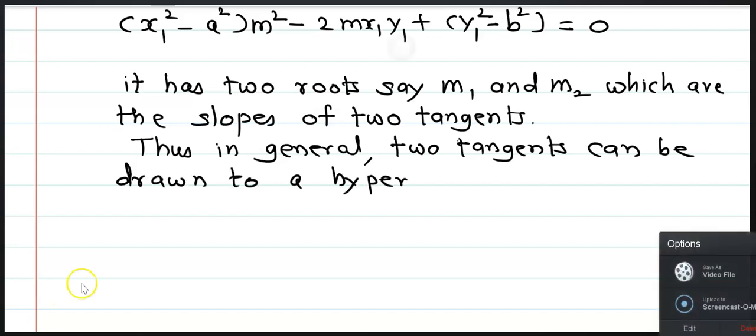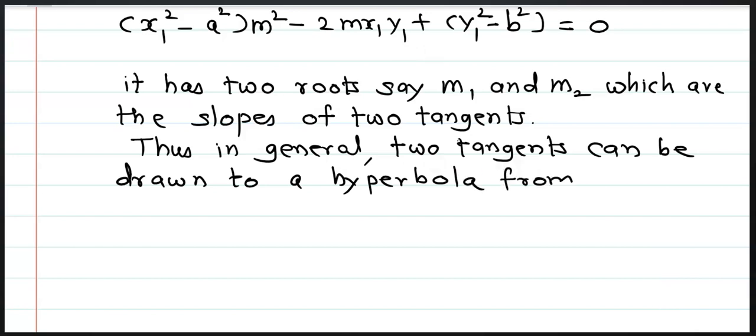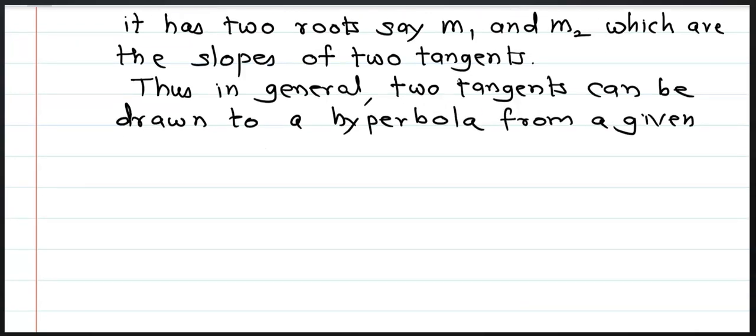That is, there are two values of m. Means what? The two tangents pass through the same point but have different slopes from a given point in its plane.